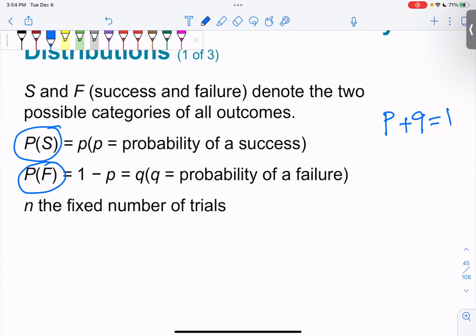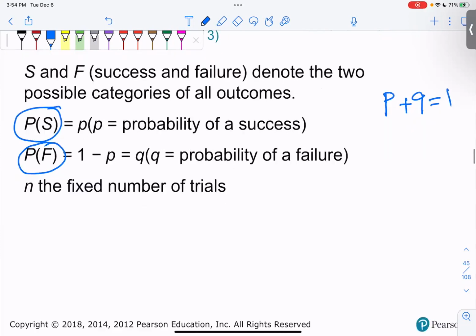So if I'm studying the number of students who will fail this class, then the probability of success means failing the class. So the probability of success is the probability that the event I'm interested in will happen, no matter if it is something good or not, okay?